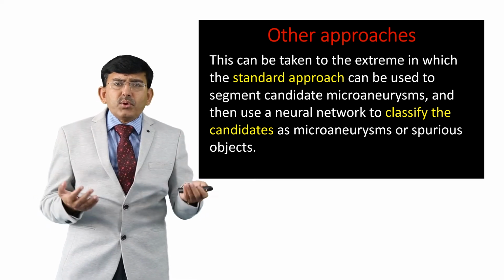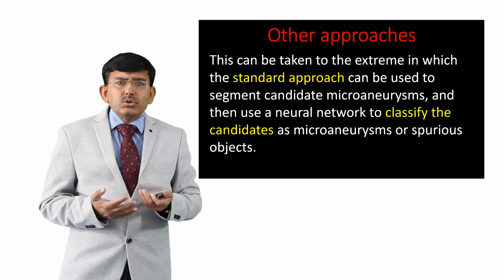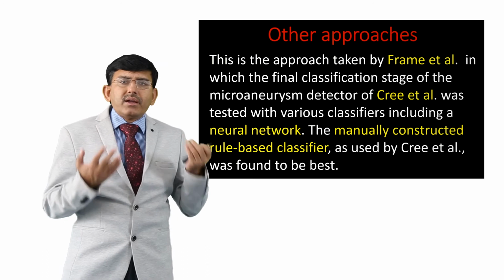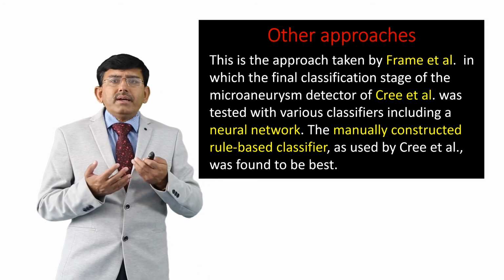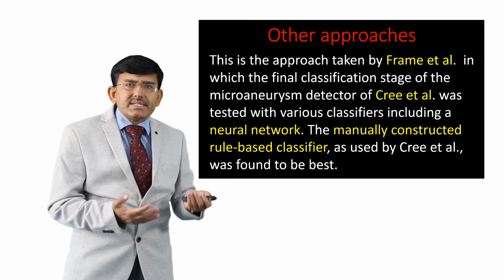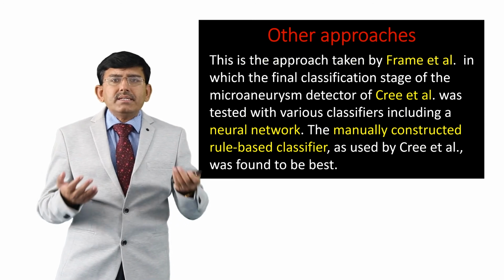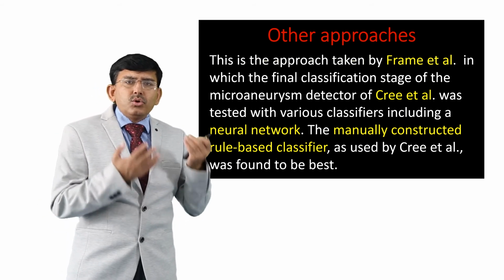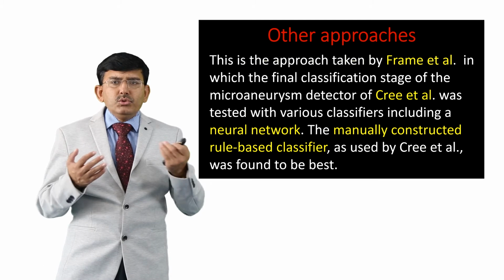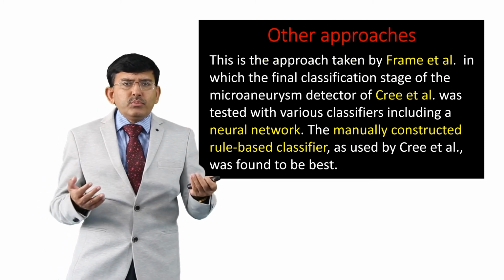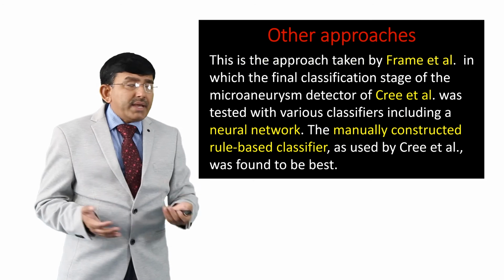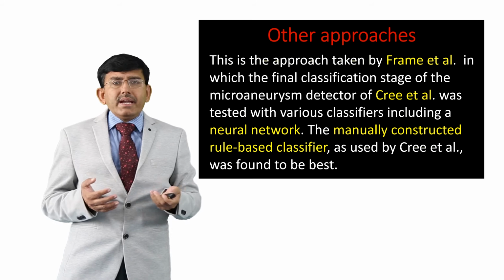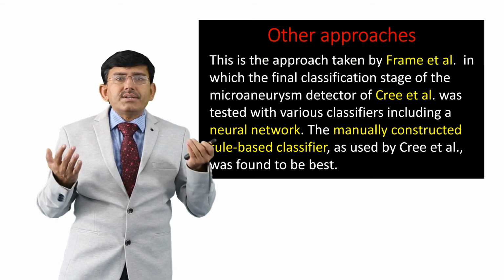This is the approach taken by Frame and his group, in which the final classification stage of the microaneurysm detector of Cree and his group was tested with various classifiers including neural networks. The manually constructed rule-based classifier as used by Cree and his group was found to be best among all the classifiers listed out by various researchers.